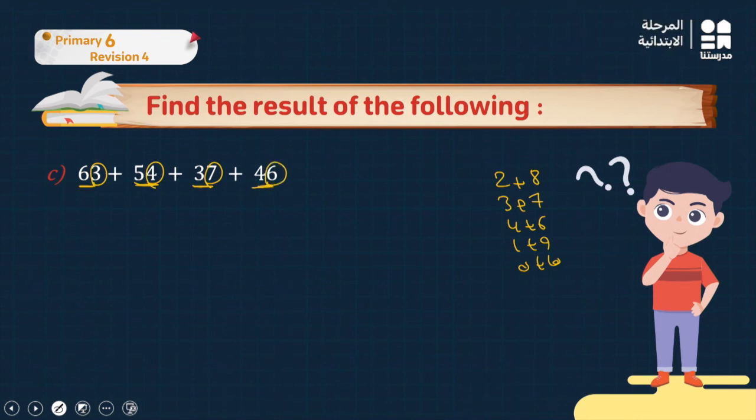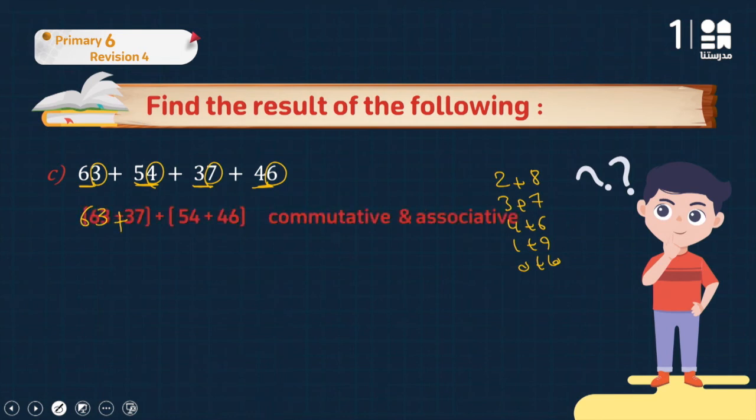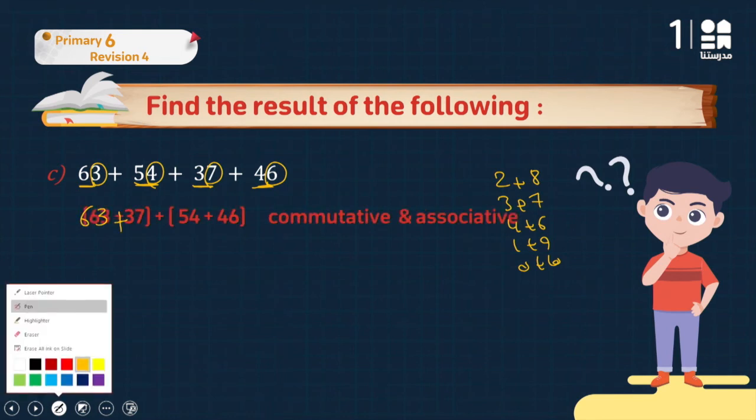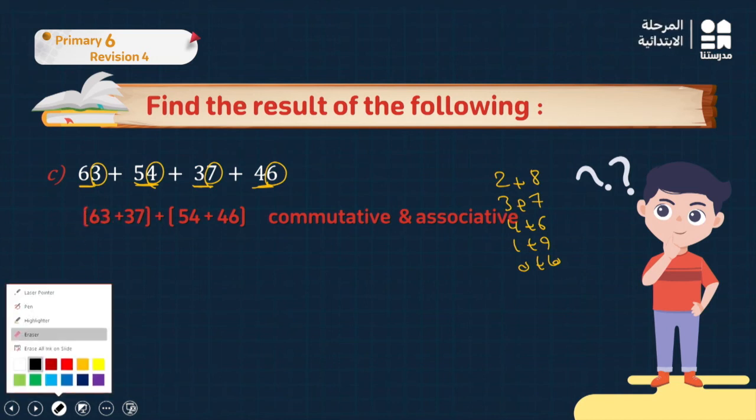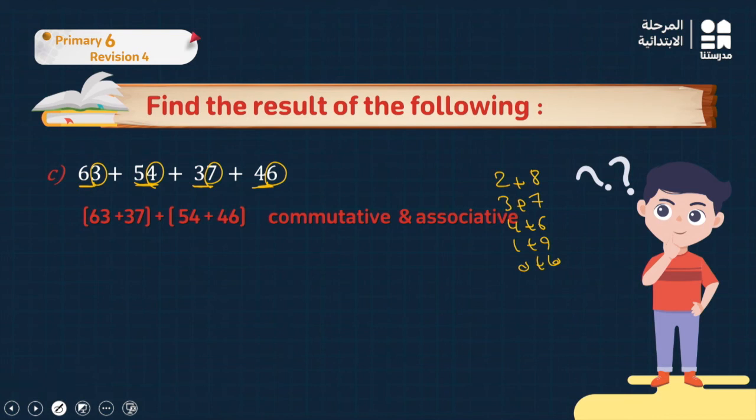طب انا هعمل ايه؟ I am going to use the commutative property. هاخد switching للplaces. هخلي 63 مع ال 37 وال 54 with 46.